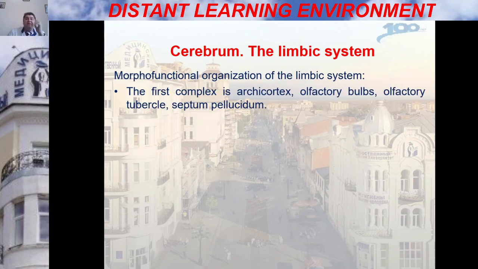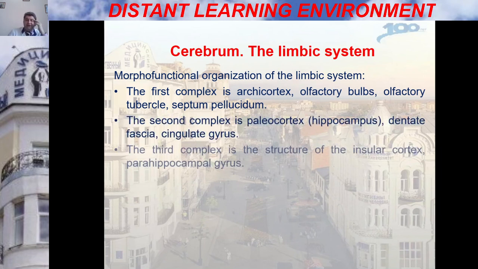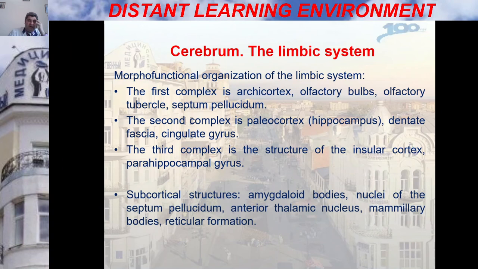So the morphofunctional organization of the limbic system you may see on this picture. The first complex is the archicortex, olfactory bulbs, olfactory tubercle, septum pellucidum. The second complex is the paleocortex, dentate fascia, cingulate gyrus. And the third complex is the structure of the insular cortex and parahippocampal gyrus.